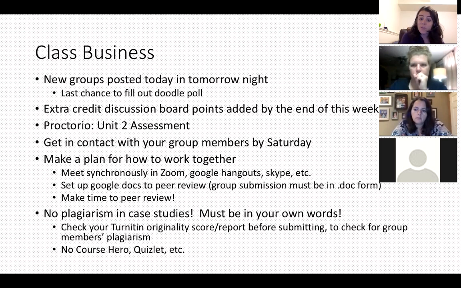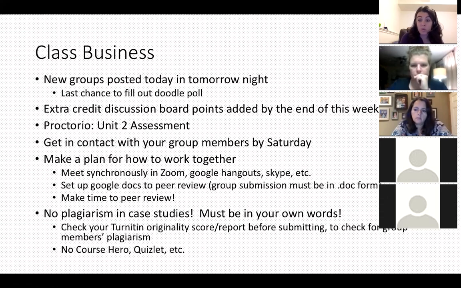Just a reminder, no plagiarism in the case studies. So again, I would recommend that whoever submits it checks out their originality score and turns it in, and looks to see if there are any highlighted areas. And just in case, even if you didn't, maybe a group member did, advertently or inadvertently, and no quotes as well.